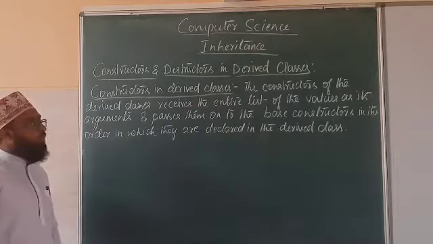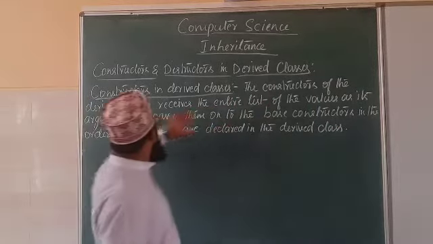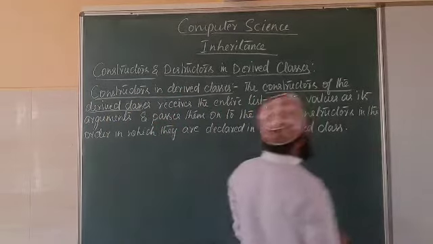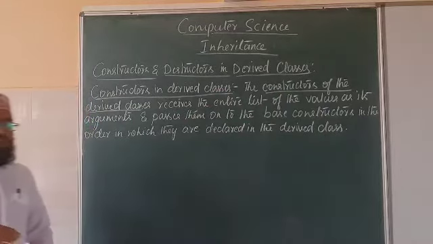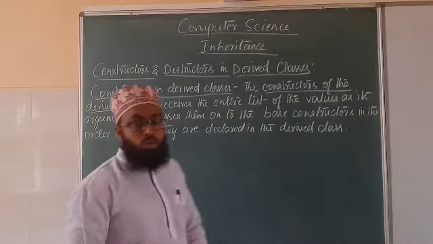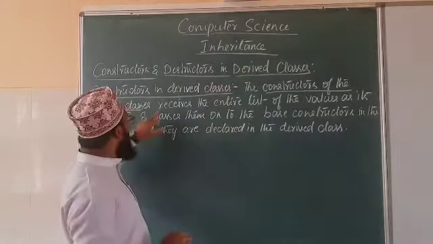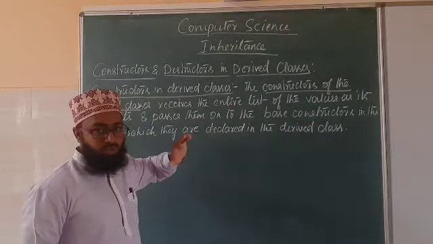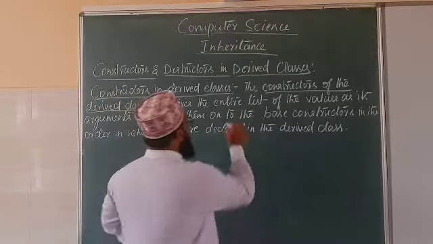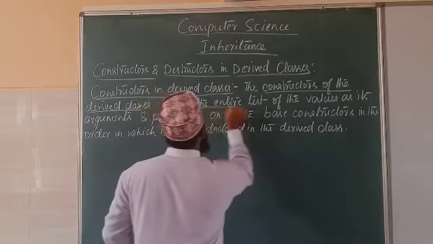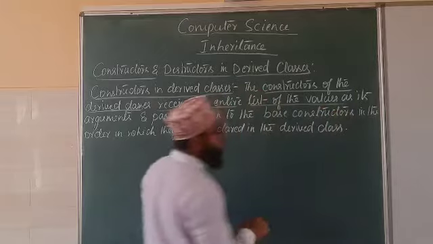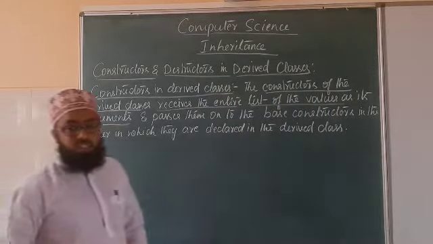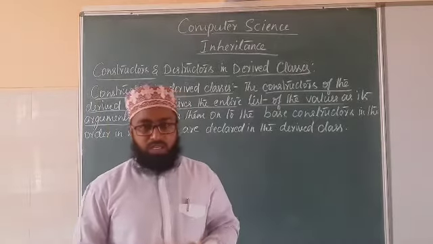So listen here, students. Here we are discussing the constructors of derived classes. The constructors of the derived classes receive the entire list of values as arguments, the list of values present in the program.